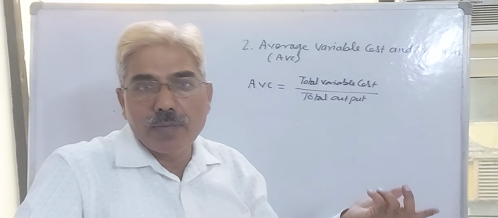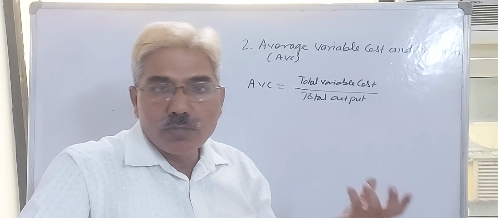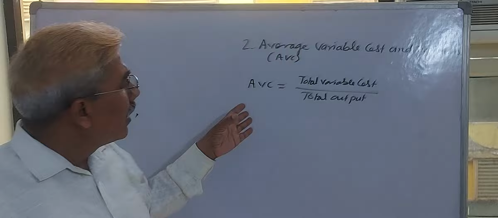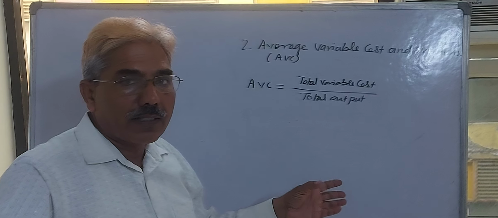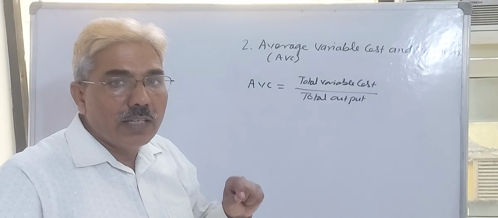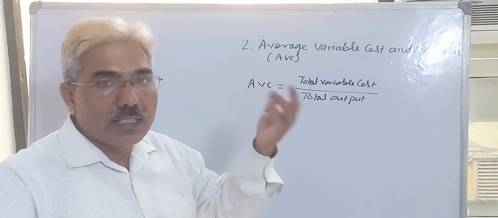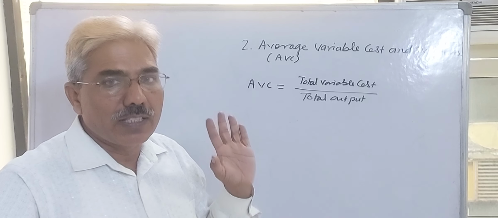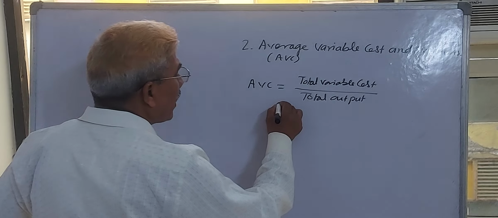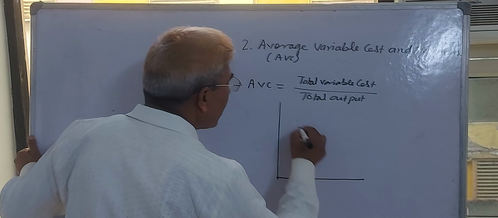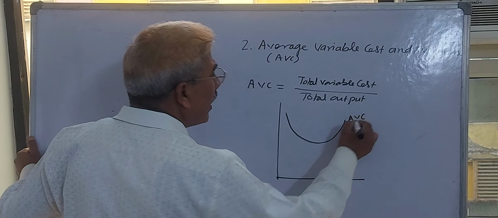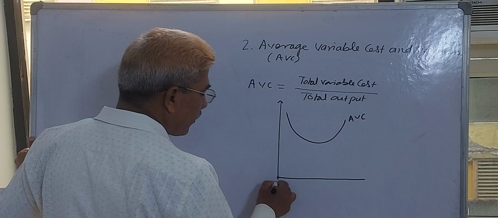Firstly, you are paying higher payment to the labor, but they are not producing more quantity. But as they operate your machines, per unit labor output increases, and the cost decreases because output is increasing. That is why the structure of average variable cost is also similar to the average cost curve.